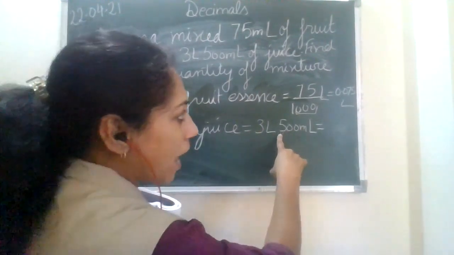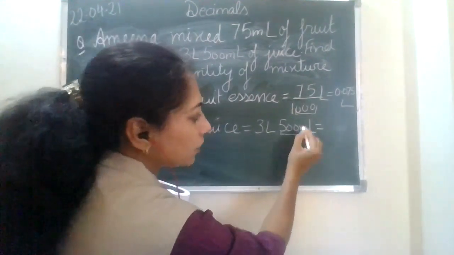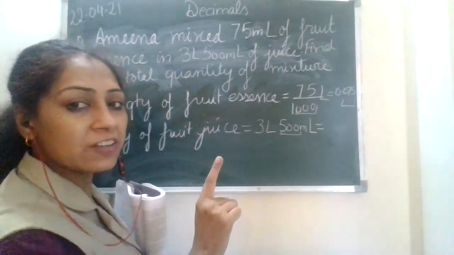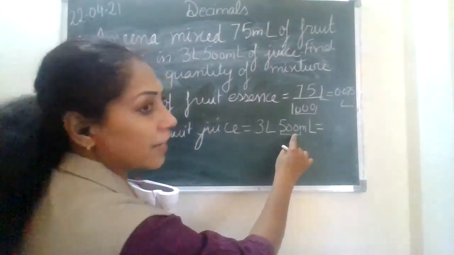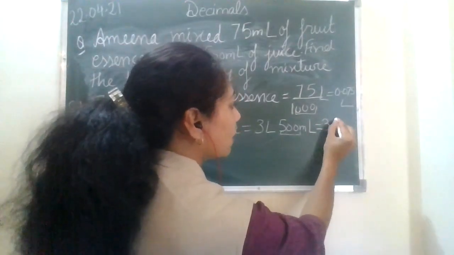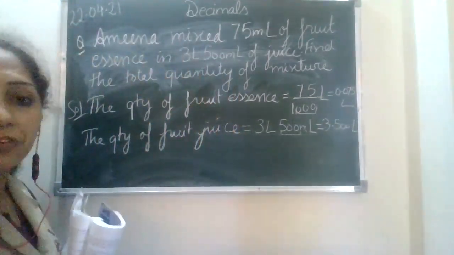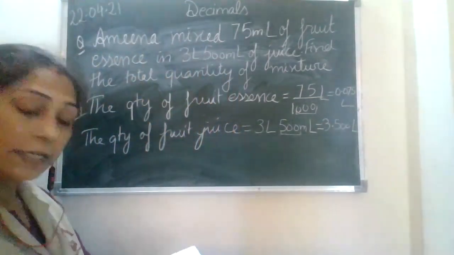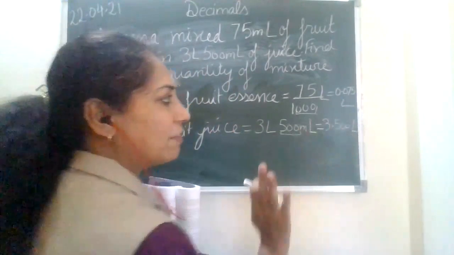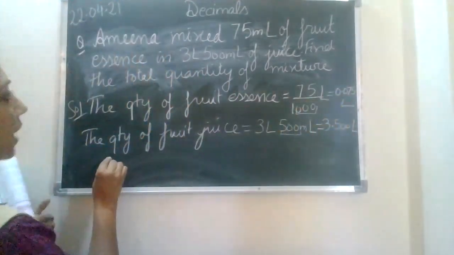Again, this is going to be divided by 1000, meaning 3 zeros. So the decimal placement is before 3 numbers, and 500 is 3 numbers. So it is going to be 3.500 liters, or you can write it as 3.5 liters. That's your choice.